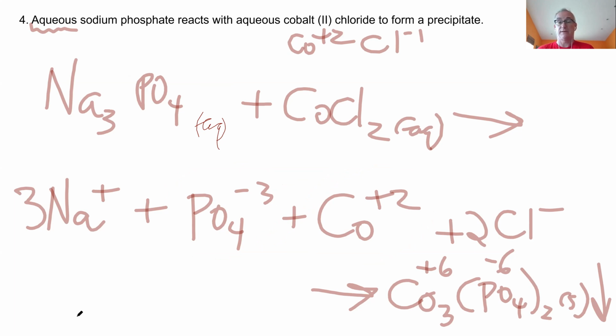Balanced reactants. Cool. Because I only see 1 mole of cobalt and only 1 mole of phosphate. That's not enough to make that product. Multiply. Go ahead.